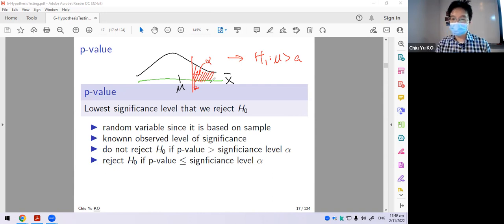So what is the p-value? Suppose this is actually your data, and this will be your p-value. If your actual number is here, this will be your p-value. You just figure out the lowest significance level at which we would reject.